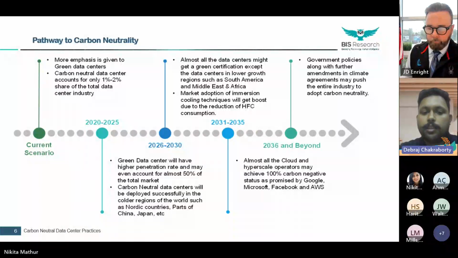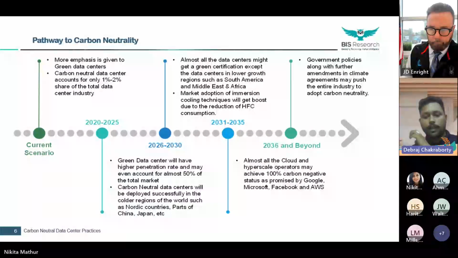We will see a major chunk of carbon neutral data centers coming from the Nordic regions, especially colder climates, because they have a natural advantage. They can pump the cold air from outside into the system, and you can reuse that heat, or reuse that used air for some other purposes, for heating or district heating or something like that. So that is something that we look into in the next 5 years.